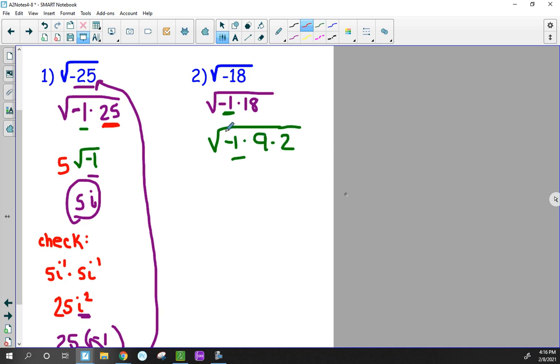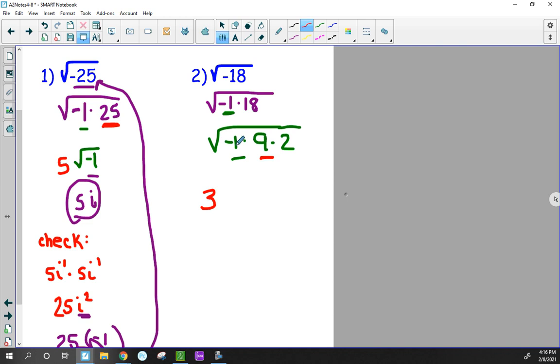Looking at these three numbers, this one I've underlined in green is imaginary. This one I've underlined in red is going to be a real number. And it's going to work out nicely because 9 is a perfect square, and then 2 is going to have to stay underneath the radical. So, tying it into things we've already done, you're going to say the square root of 9 is 3. You're going to put that outside or in front of the radical.